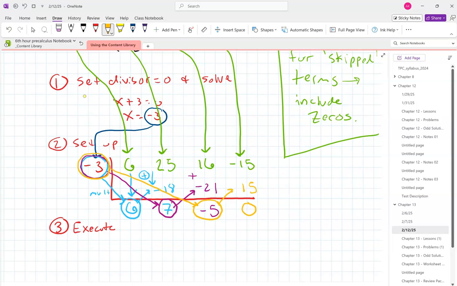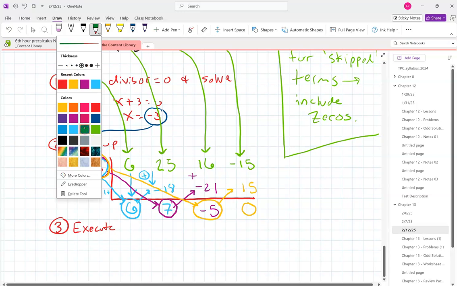Everybody's cool with the procedure. Again, I expect that we saw this last year in Algebra 2, so I don't have to do a trillion practice examples of how to do the synthetic division. Something you probably did a fair bit of. But certainly I want to review.